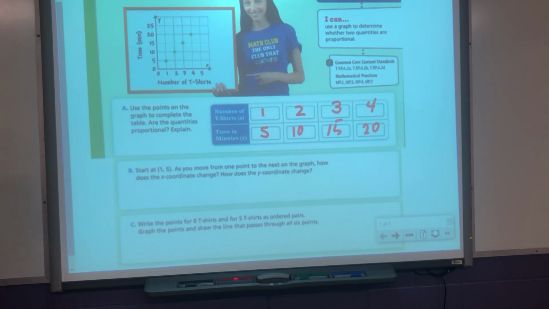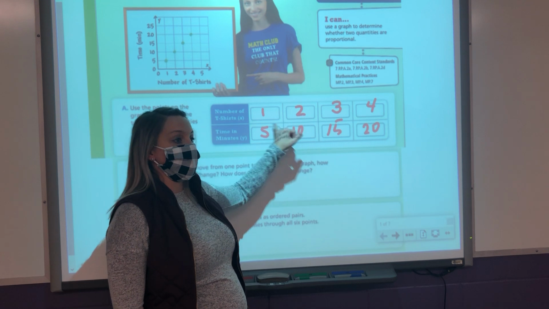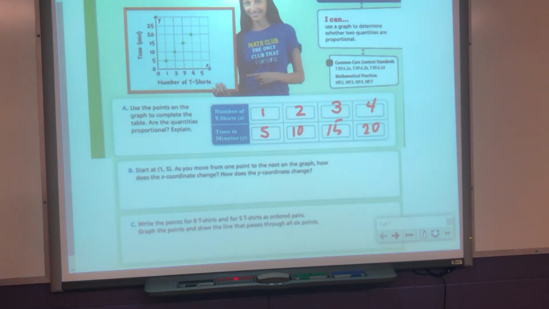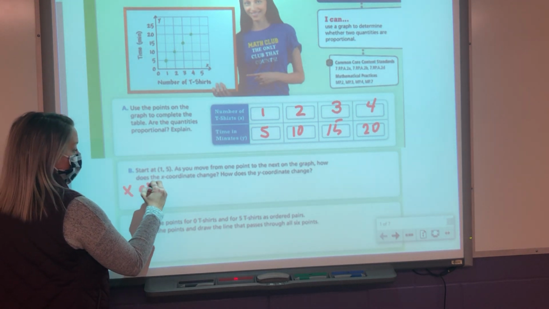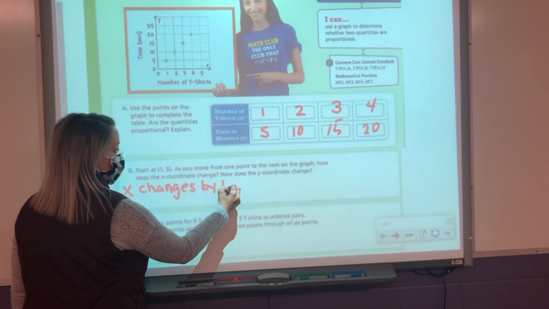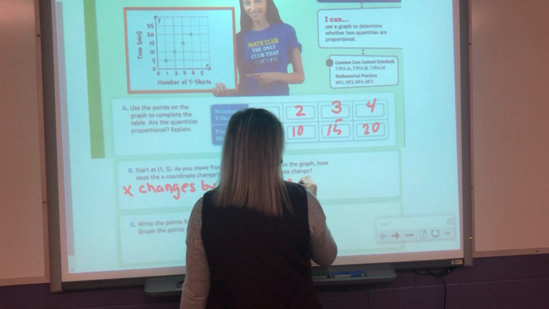As our number of t-shirts increases by 1, the number of minutes increases by 5. So our x-coordinate changes by 1, and our y-coordinate changes by 5.